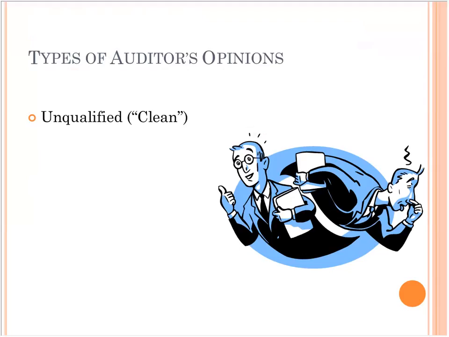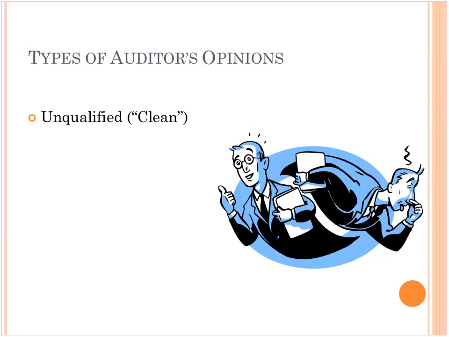That's really the goal that everyone tries to attain. I always think that the term unqualified is a bit confusing because if you're unqualified for your position, that's a bad thing, but if your audit opinion is unqualified, that is actually a good thing.